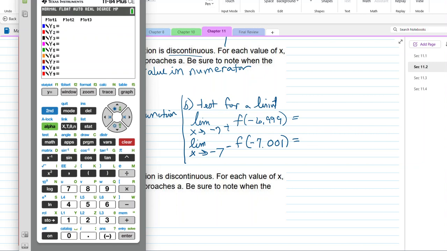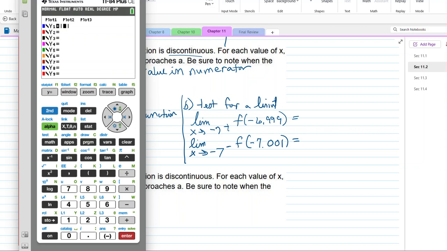So let's put it in our calculator. Now you can do second math and do absolute value, but I like second catalog, and it's the first one. Now mine is a 84 plus CE, so it's got the little bars. Yours are going to have parentheses, and that's okay.